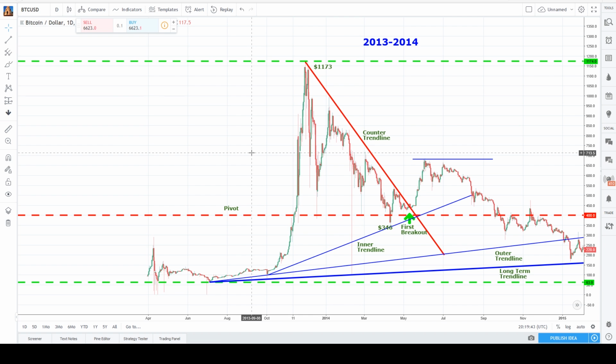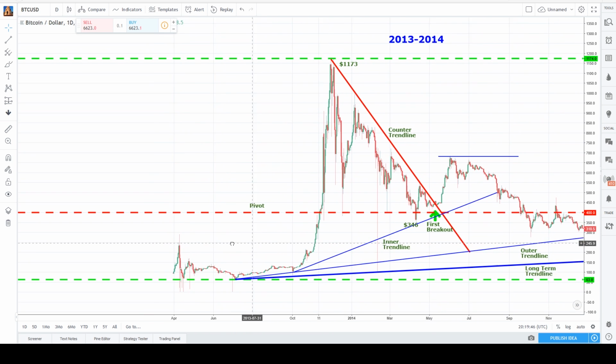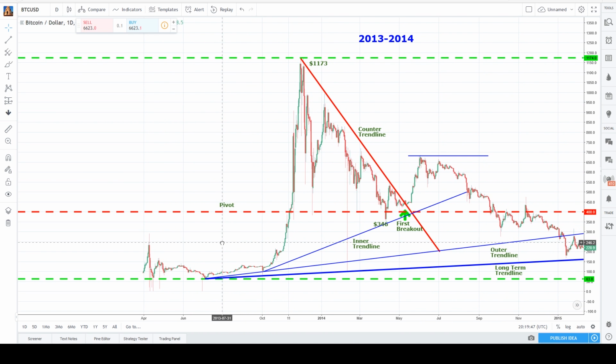Okay, what happened here? Same thing that happened a few months ago. We started at $75 per Bitcoin, we had a massive parabolic movement all the way up to 1,173. Then we went all the way down in a correction move to $346.